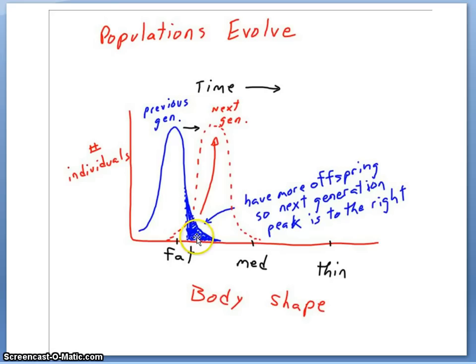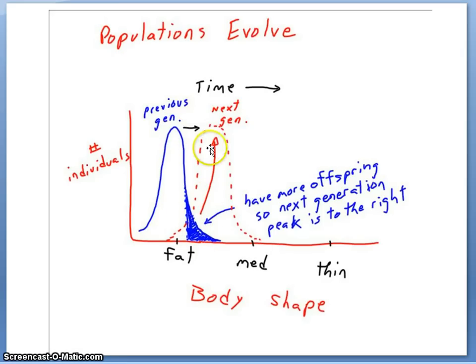But look what happens when they have babies. That means that the average body shape in the next generation is going to be a little shifted to the right from the previous generation. You see, because it was these individuals a little to the right of the average body shape, fat, it's the thinner ones that are going to have babies.